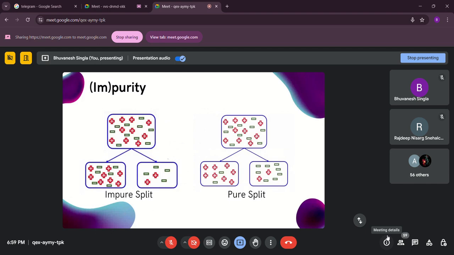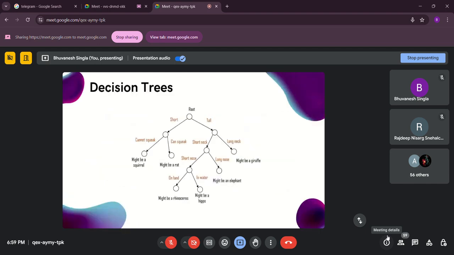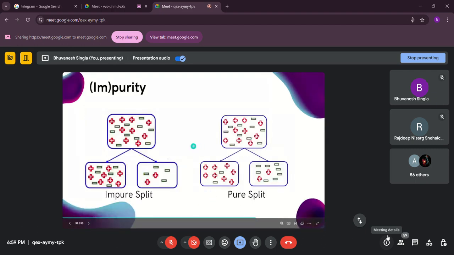Now let's come to what purity or impurity is. Like we said, our goal in the decision tree is to create pure splits at the end. So what does purity or impurity mean? Let's say you have this box of positives and negatives, and let's look at the left side split first. You see that the number of positives and negatives on the left side are similar, and again the number of positives and negatives in the right hand split also are similar.